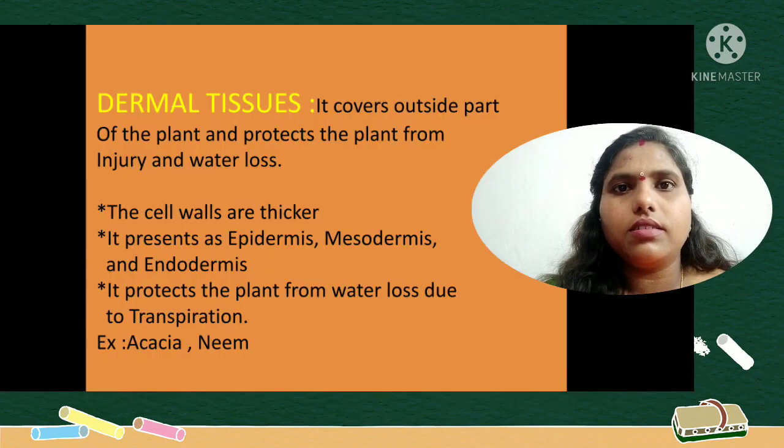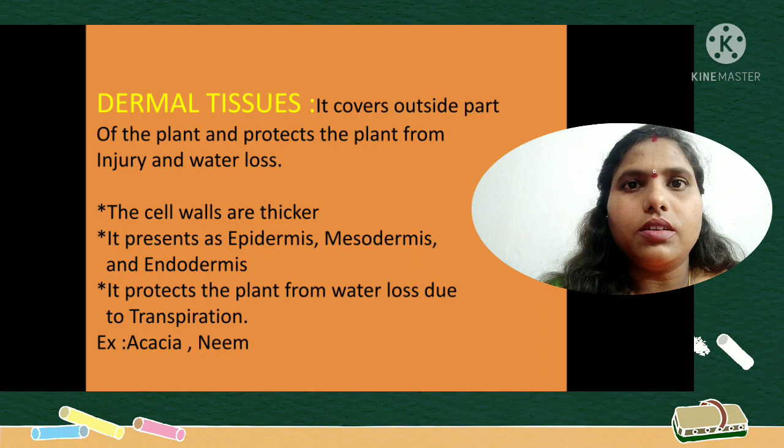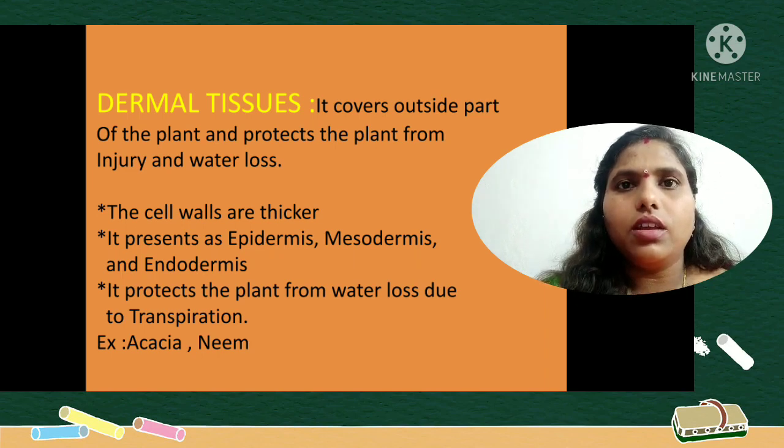Before, we discussed meristematic tissues, and the second tissue type is dermal tissue. These are the outer tissues, present in the outer parts of the plant.